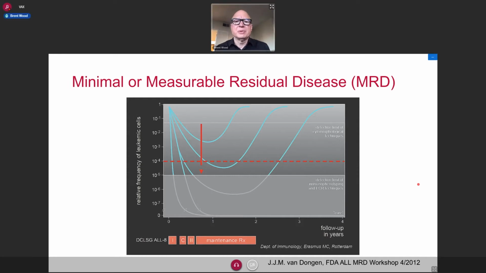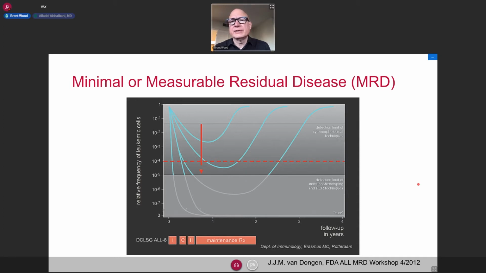In other patients, the response may be somewhat slower, and in some patients, they will retain the presence of residual leukemic cells for some time after therapy. And those patients we know have a somewhat higher incidence of relapse.